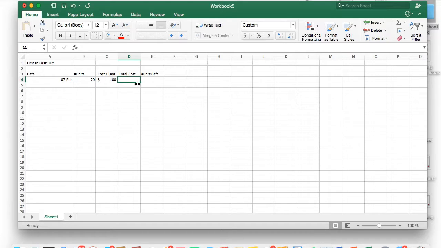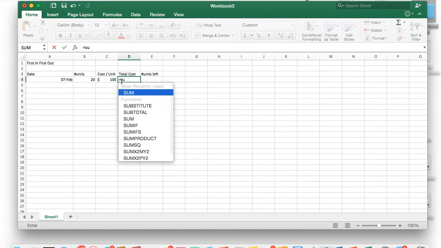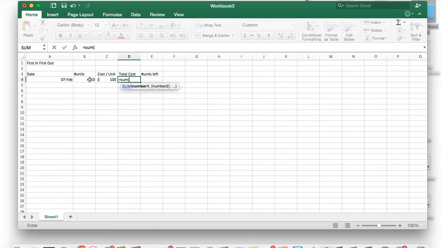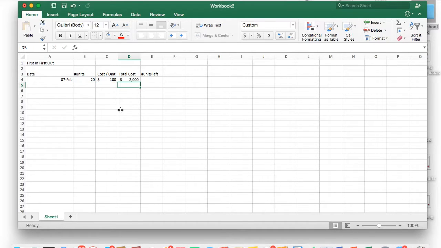So now the total cost, as I said before, we're just going to be multiplying the number of units by the cost per 1 unit to find the entire cost for all the units. So the total cost for 20 units at $100 will be $2,000. Now we'll just do the same for the next 3 purchases.